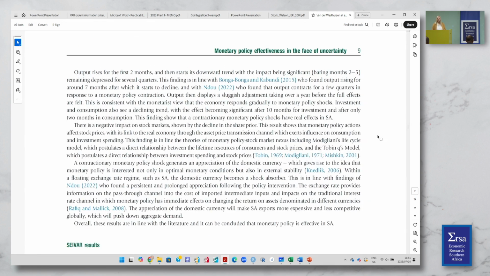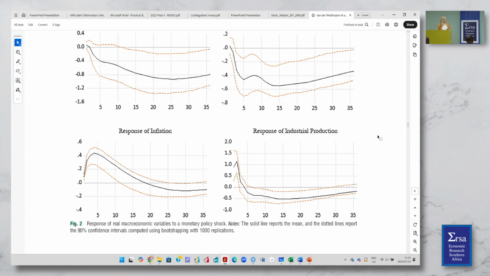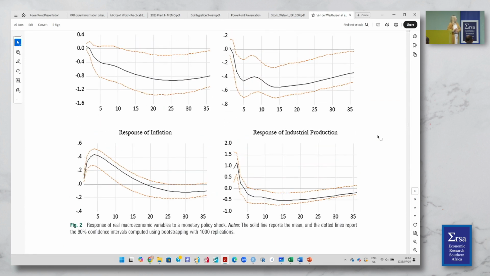Sorry, Bob, I just wanted to ask, for investment, what do you mean by investment? That is gross fixed capital formation. So it's private investment, government investment, foreign direct investment.